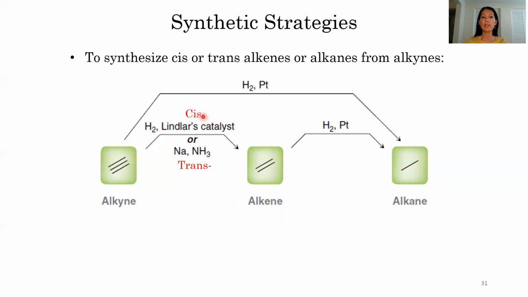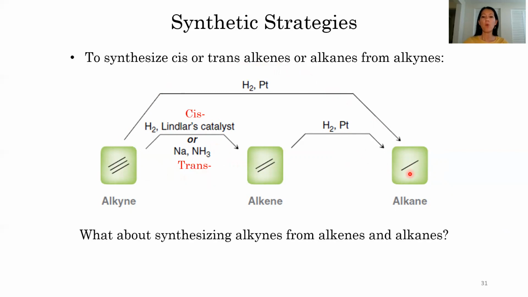You can specifically get cis or trans, depending on using Lindlar's catalyst or sodium and ammonia. That can be converted to the alkane with hydrogen and platinum, or you could go directly from alkyne to alkane under those hydrogen platinum conditions. Okay. What if you wanted to synthesize an alkyne from alkenes or alkanes?